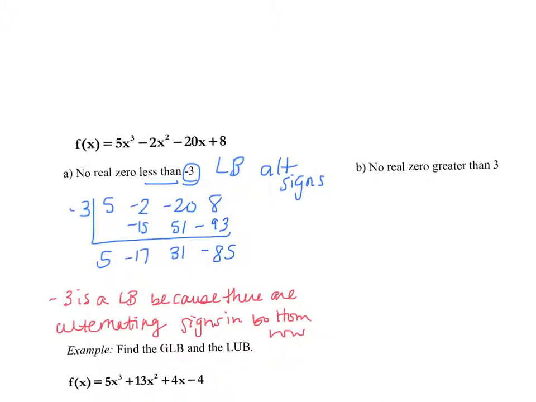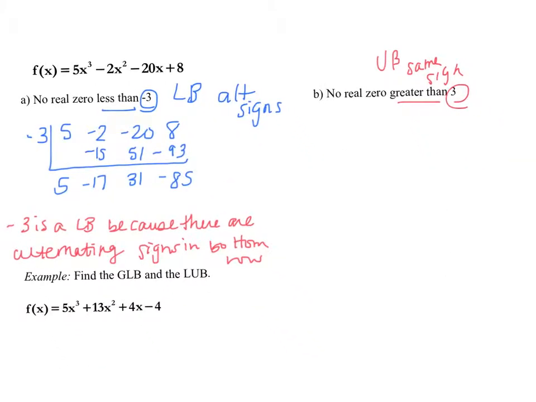Now in the next problem, I'm being asked to determine if there is no real zero greater than 3. Because I'm dealing with a positive number and a greater than, I am now working with an upper bound, and when it's an upper bound, I am looking for all same sign in my result row. I'm going to do similar work like I did in part A and do synthetic division. However, here I am now looking for all same sign.